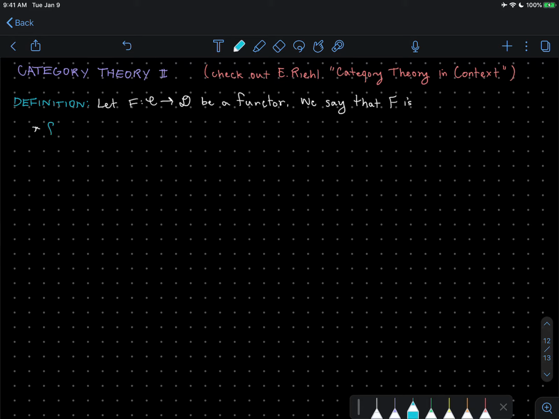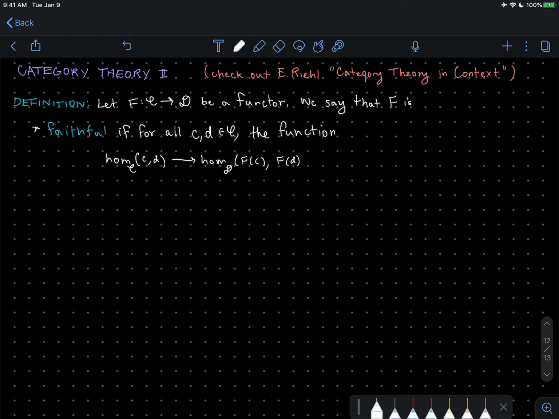First, we say that F is faithful if for every object C and D in C, the associated function of sets, which takes a morphism in C from C to D, to a morphism in D between their images, is injective.